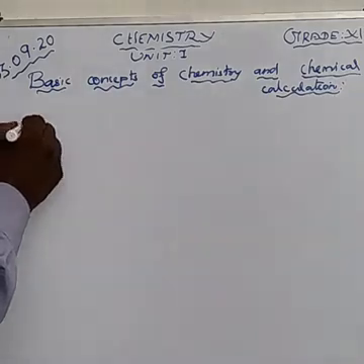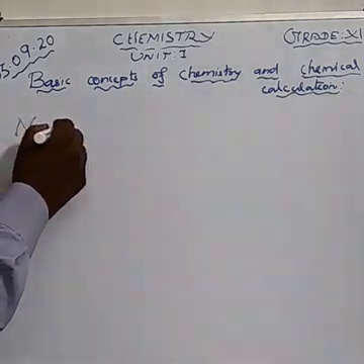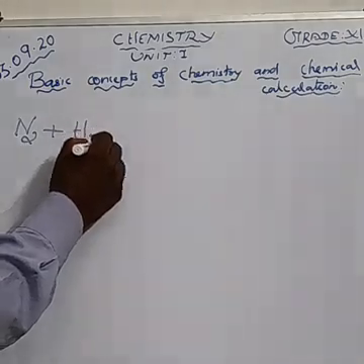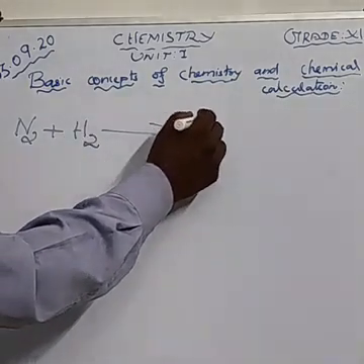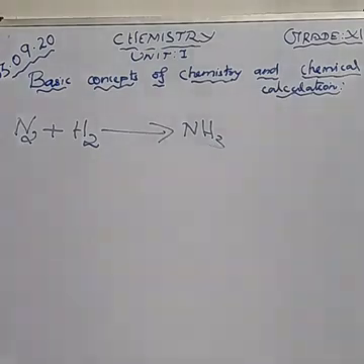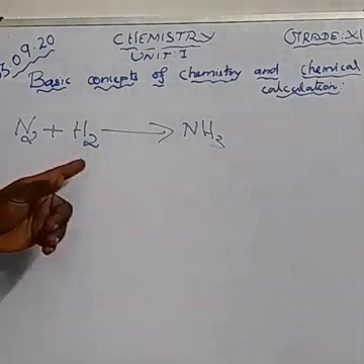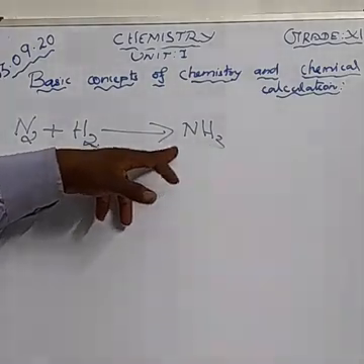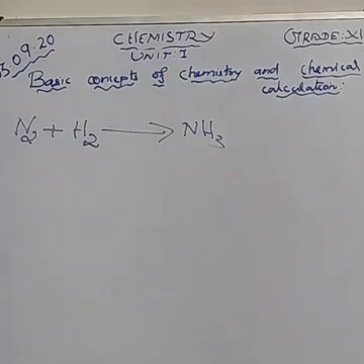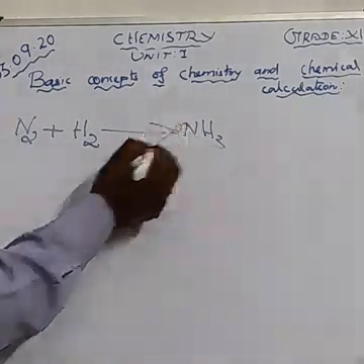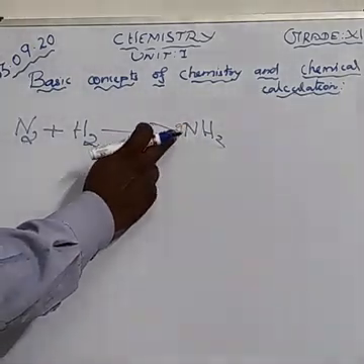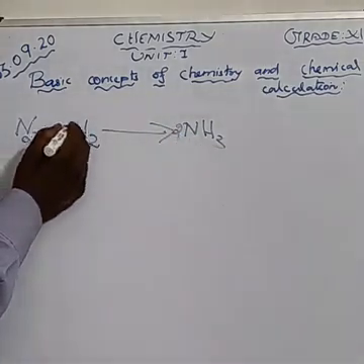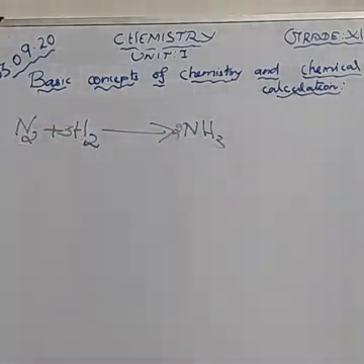Nitrogen combines with hydrogen to form ammonia, NH3. Now balance the equation. How much nitrogen is there? 2 nitrogen, so make it 2 here. How much hydrogen is there? 2 threes are 6, so make it 3 here. Now the equation is balanced.